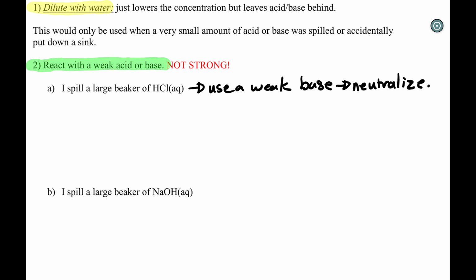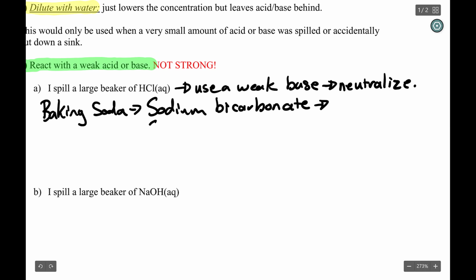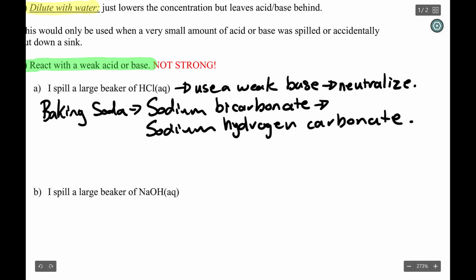So for instance, if I was to spill any strong acid, I personally would use baking soda. Baking soda, which also goes by the name sodium bicarbonate, or also sodium hydrogen carbonate, could be used to neutralize it because it is a weak base.